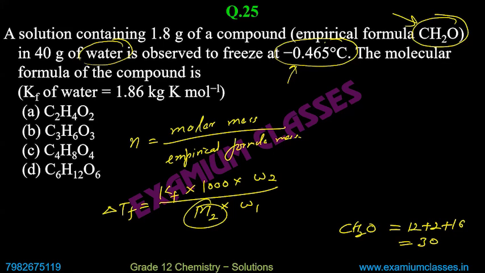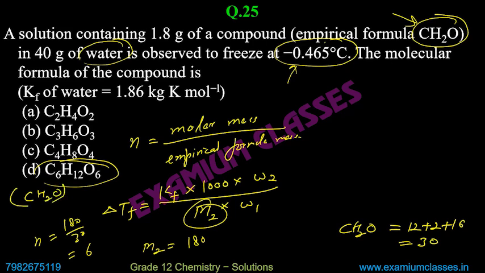So divide that by 30 and you will get the answer. Most probably, as far as I remember, you will get M2 as 180, and the value of N will be 180 divided by 30, that is 6. So you need to multiply CH2O by 6 and D will be the answer. CH2O, when you multiply by 6, will be C6H12O6.